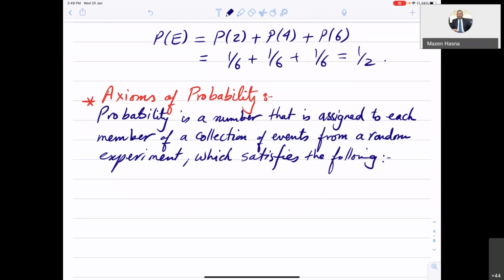So the first rule is that each probability, each number that we assign to an event, so we can assign probabilities to outcomes, single outcomes. We can assign probabilities to collection of outcomes or events. And of course, we have the probability of the whole sample space. So what do you think the probability of the whole sample space is? Anyone?